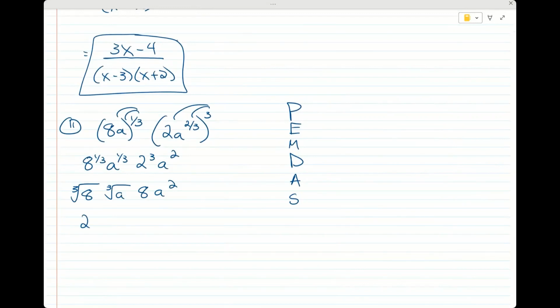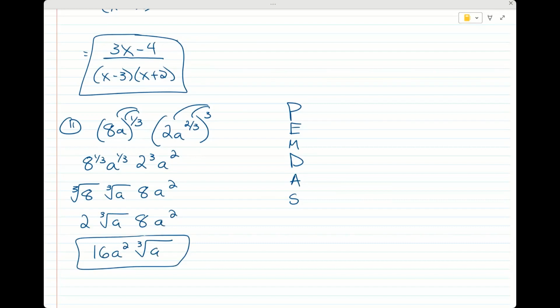So let's say we have 2 times the cubed root of a times 8 times a to the 2nd. Two times 8 is 16, and then 16a to the 2nd cubed root of a, and that would be our final answer.